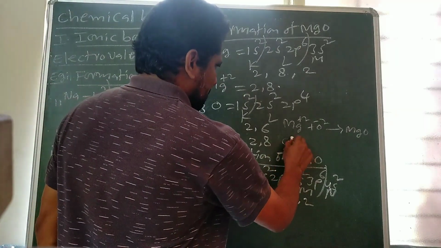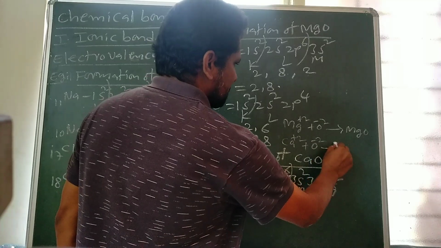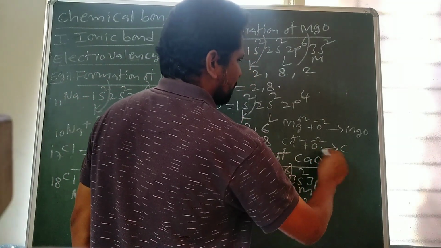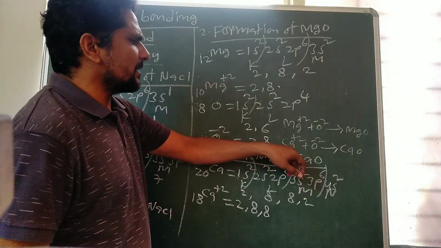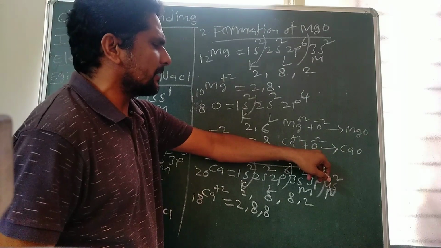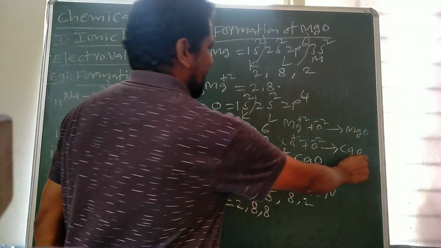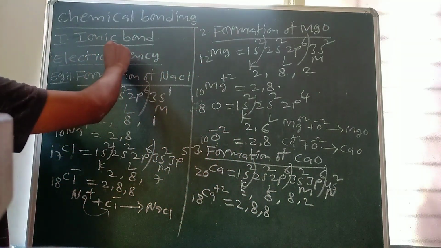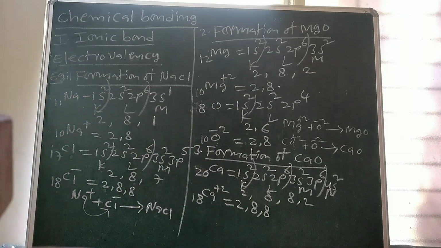Calcium loses 2 electrons to get Ca+2, and oxygen gains 2 electrons to give O-2. Ca+2 plus O-2 gives rise to CaO. So 2 electrons are transferred from calcium to oxygen, and the electrovalency of calcium in calcium oxide is 2. These are all examples of ionic compounds.